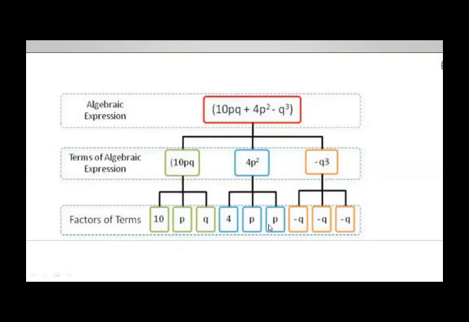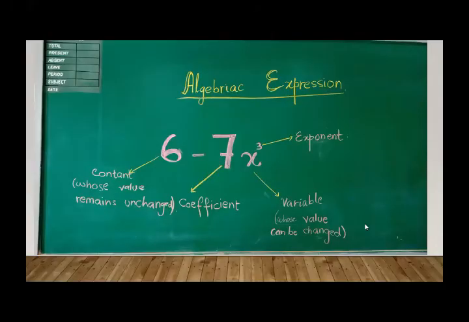So they are the factors of 4p square because they are given in multiplying form. Then minus q cube means minus q into minus q into minus q. When we multiply the minus sign 3 times, we get the answer as cube, because we have a clear understanding that whenever the number of multiplications is odd, we have an odd exponent.